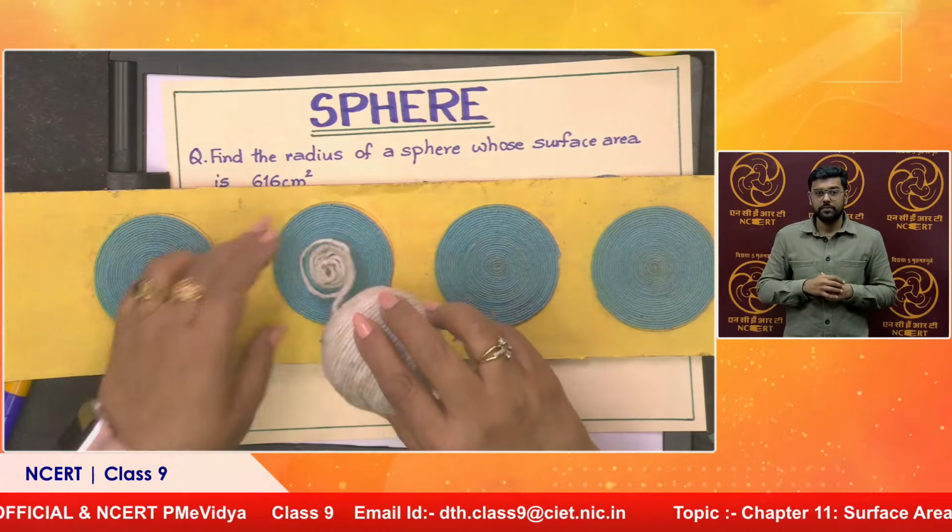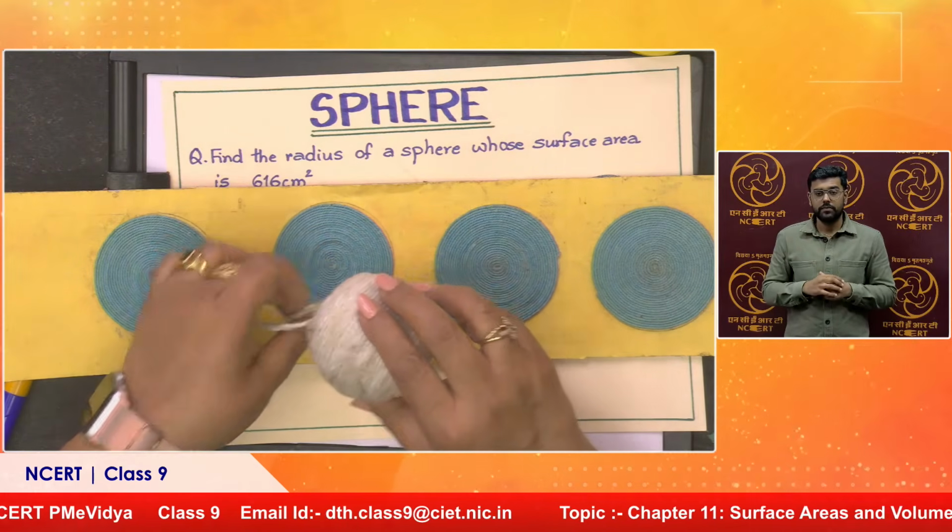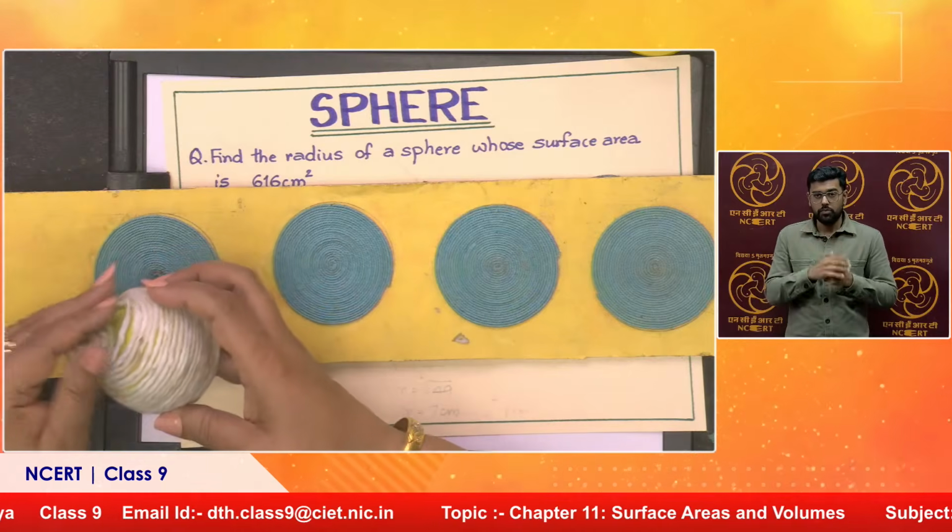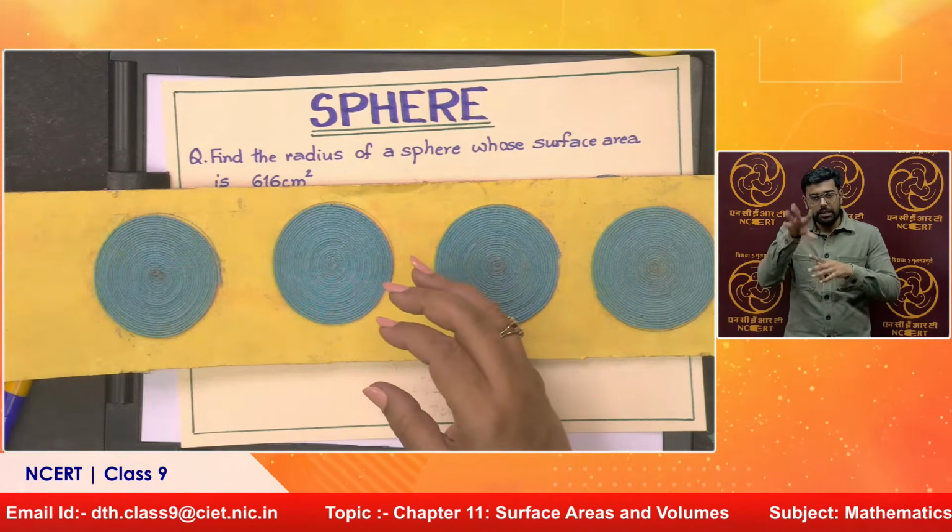This can be performed in the class, and children can easily learn and understand why the surface area of a sphere is 4 pi r square. Why not 3 pi r square? Why not 2 pi r square? And do it for the hemisphere also, children. I hope you will enjoy this activity. It is very simple. You can do it on your own.